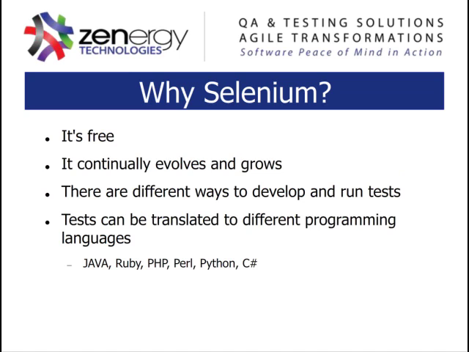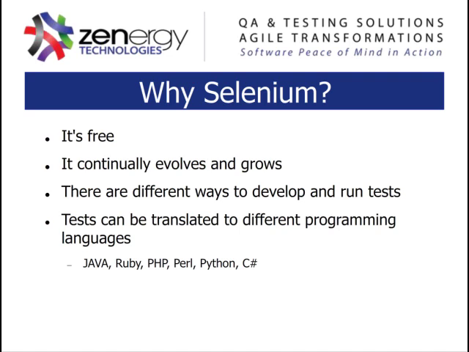So why Selenium? Why is this thing so big now? Back in the days, about 4 or 5 years ago, if you talked about open source for automation, you had FitNesse. And then about 3 years ago, you had Ruby with Watir. So why is Selenium still around? I mean, Selenium's been around for quite a few years.